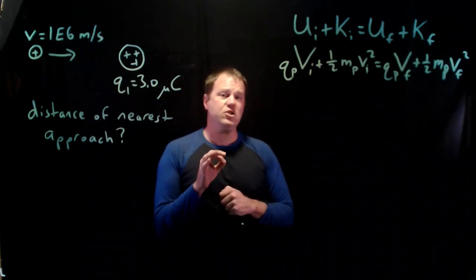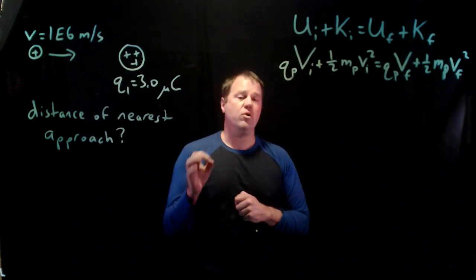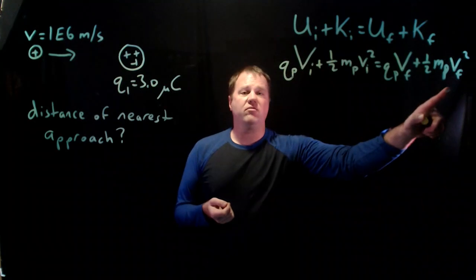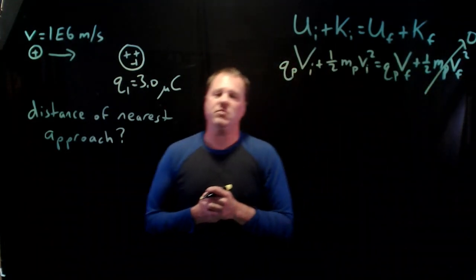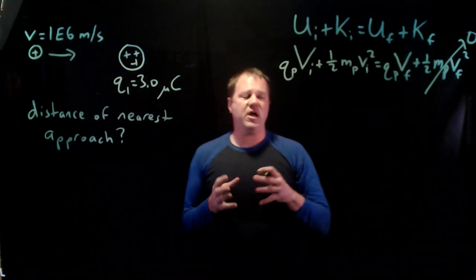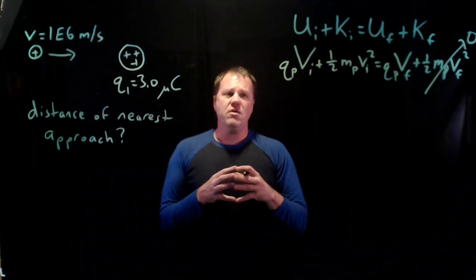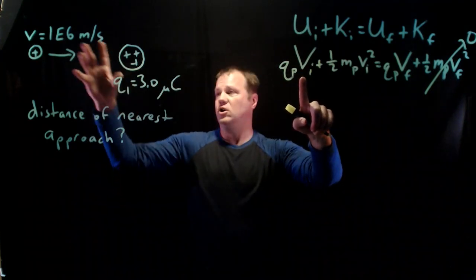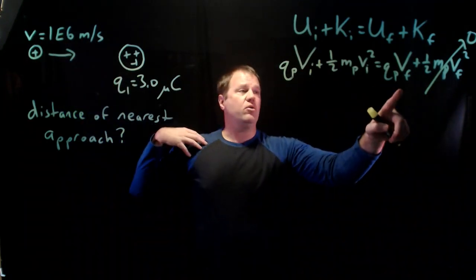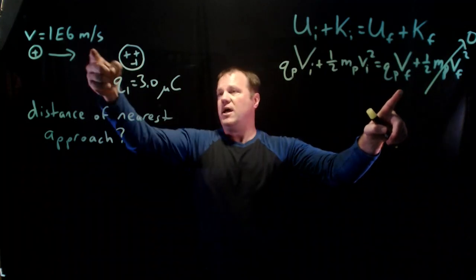So we can be sure that we're at the nearest possible approach when we're at the turnaround point, when the velocity is instantaneously 0. So we can get rid of that term, which simplifies things a little bit. But we have a couple of terms here that we don't know. I don't know the initial potential far away, and I don't know the final potential at its nearest approach.